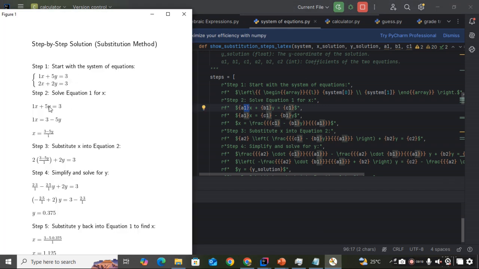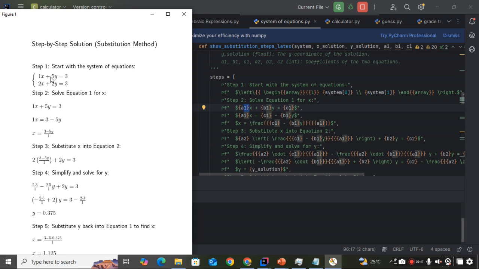And we see that. So all we need to do is to transpose 5y to the other side and divide it by the coefficient of x, which is 1. Well, we have this, and then we substitute the x into equation 2. So that is essentially this x, and then we substitute it back in the second equation.